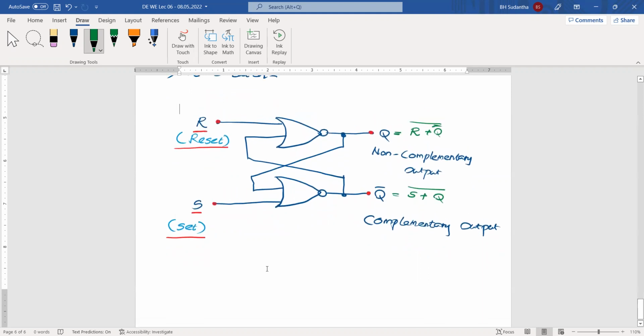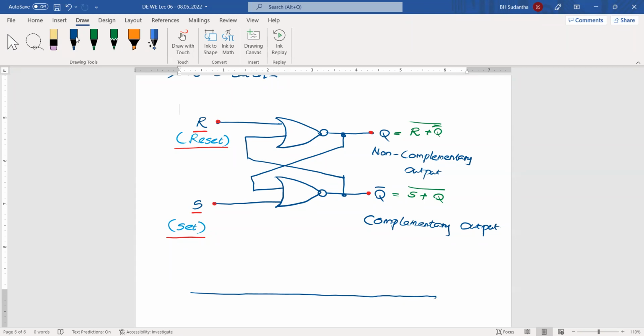Okay, then we should know the truth table of this one. Before we write the truth table, we should understand one thing here. To determine the output value, we have to consider time.